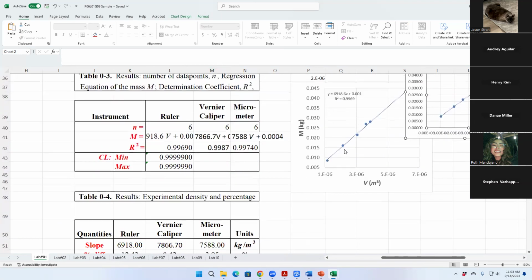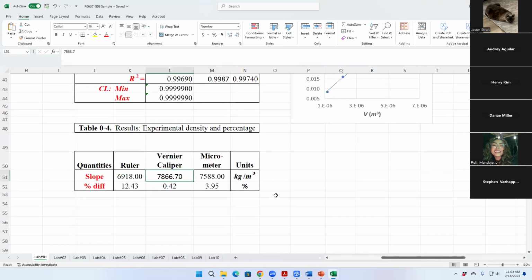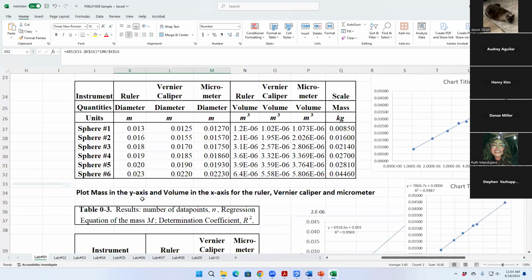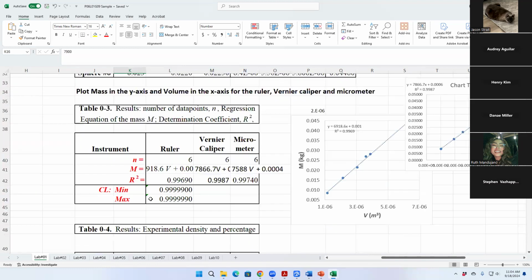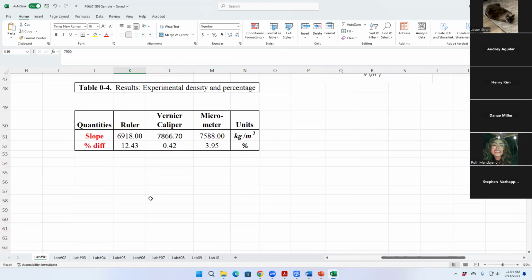So 7866, you log in the last table to get the percentage differences between what you got from your experiment, your experimental slope, right? And what is displayed out there in the literature, okay? 1104. Did you get the idea?